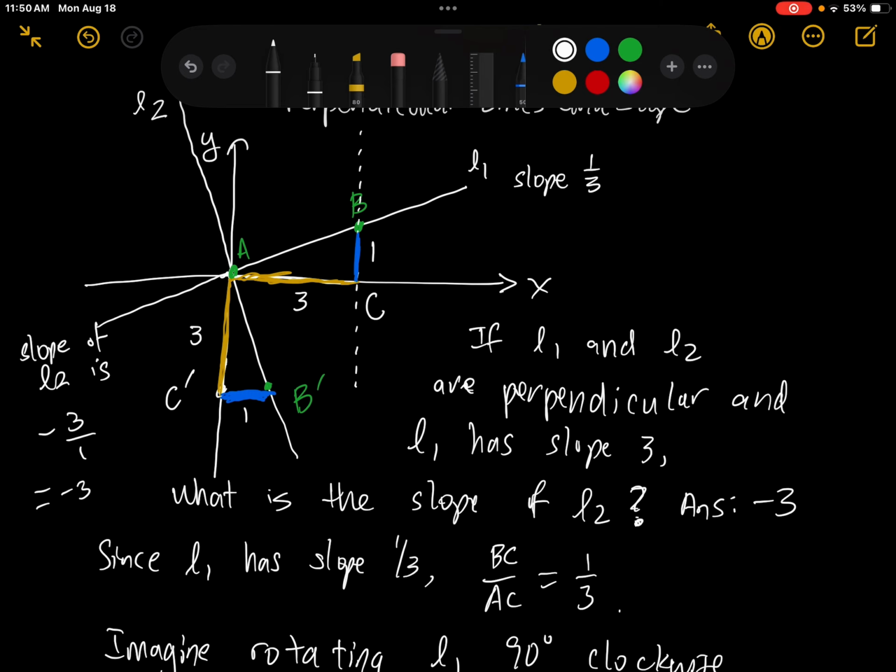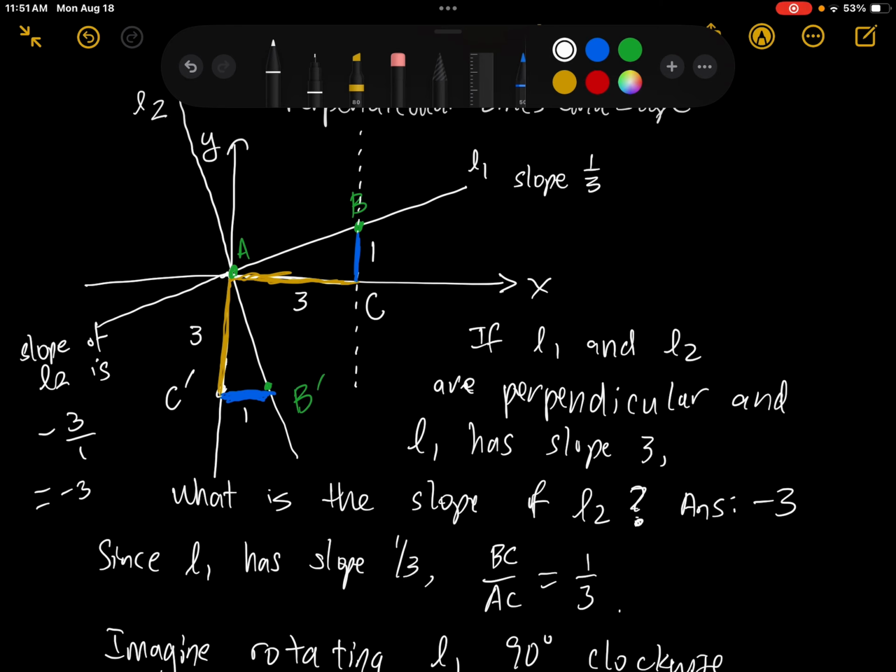So let's summarize why this is true. Because if you have a slope of, say, 1/3 for L1, then when you rotate clockwise by 90 degrees, L1 will go to L2, B will go to some point B prime, and you can find the slope of this line segment AB prime.